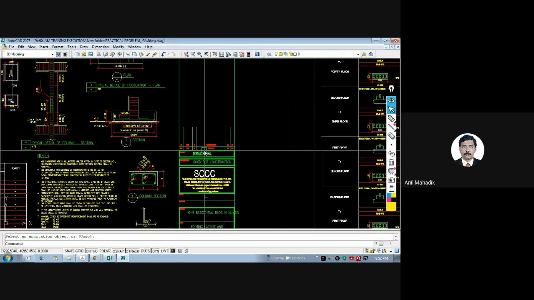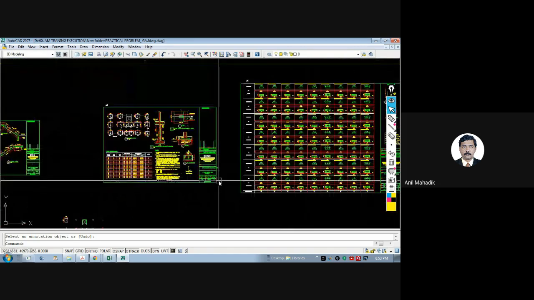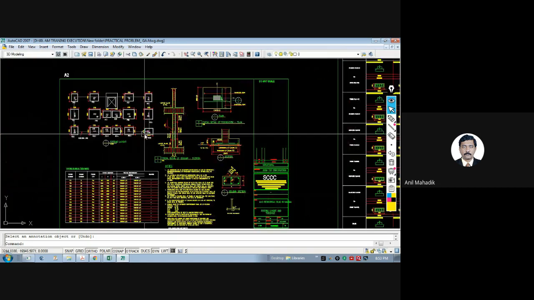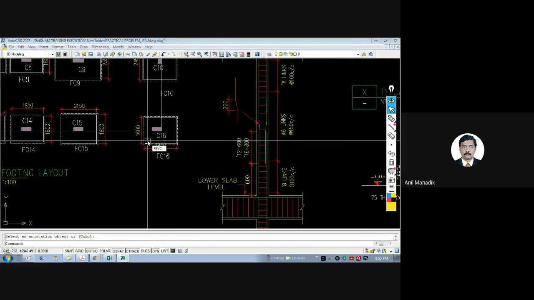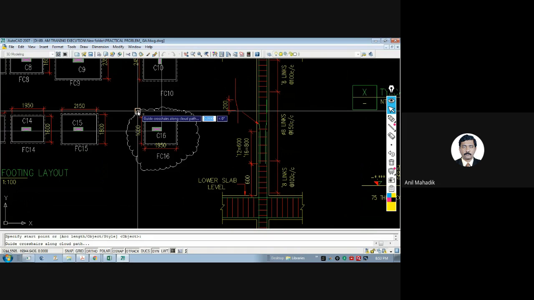Once you write over here, then you can send this drawing again to the contractor and put the cloud over here, the Rev cloud. Let's say this is your cloud in AutoCAD.